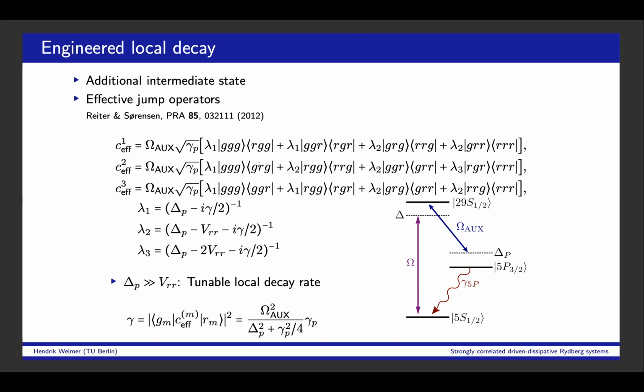You integrate out this state because it decays very fast. And what you find is that in a certain regime, when this detuning is much larger than your interaction in your lattice, then you can get something like an effective local decay rate, and then, at least from the viewpoint of these jump operators, you have something that corresponds to what you have in the toy model.